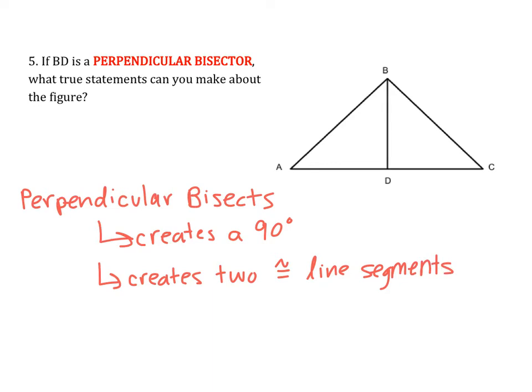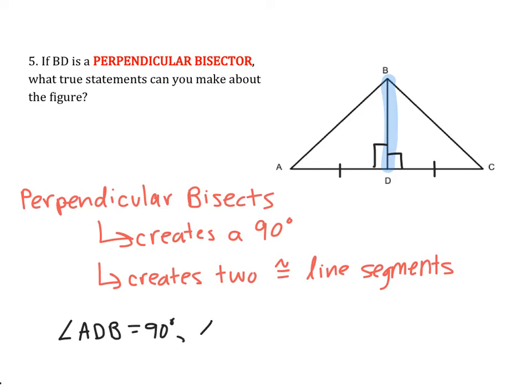So here's BD. Since it says the word perpendicular, we can draw in our 90-degree angles. And since it says bisector, I can say that these two segments are congruent. So what true statements can we make about this figure? Well, we can say that angle ADB is equal to 90 degrees.